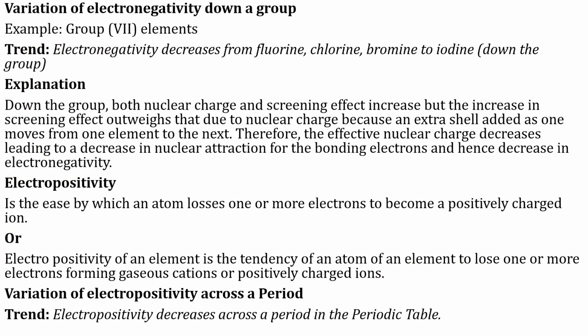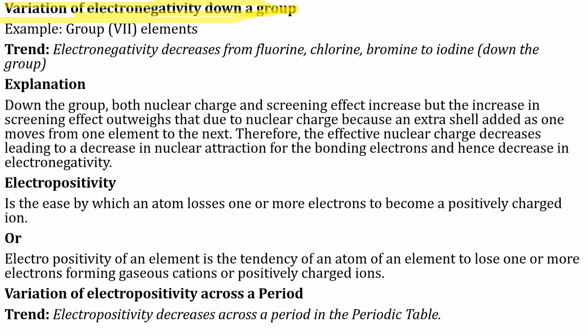Now in this video, let's look at variation of electronegativity down a group. Like here we gave an example of group 7 elements. So if you pause the video, take notes, have your periodic table, look at group 7. So as I told you before explaining variations, you state the trend.